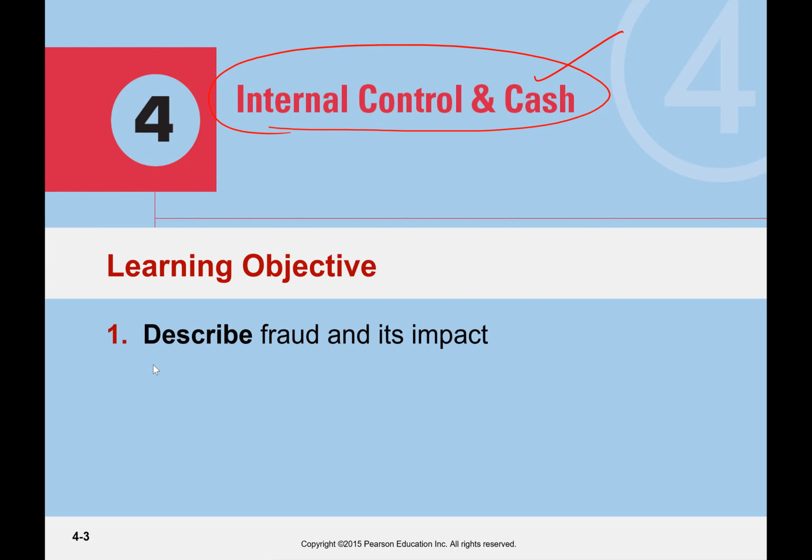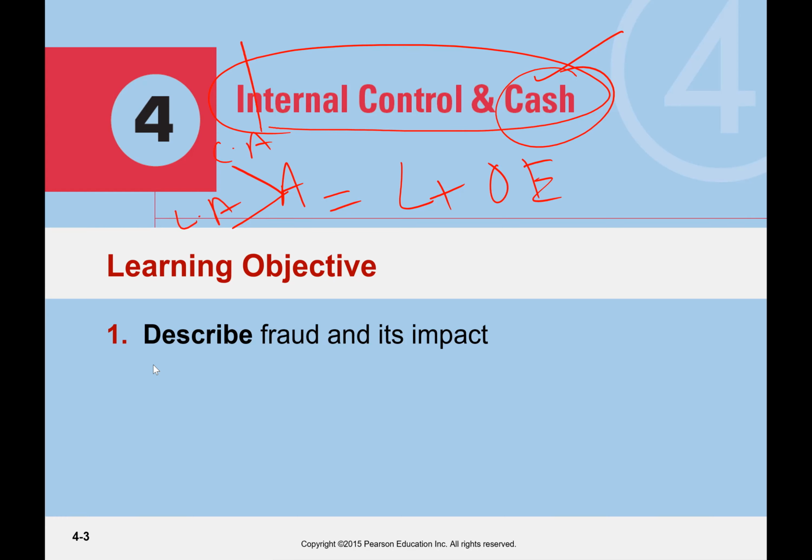This chapter is all about cash and cash equivalents, which is the first liquid asset under the category of assets. Remember the balance sheet equation: assets equal liabilities plus owner's equity. Under assets we have categorized the assets into current assets and long-term assets or fixed assets.